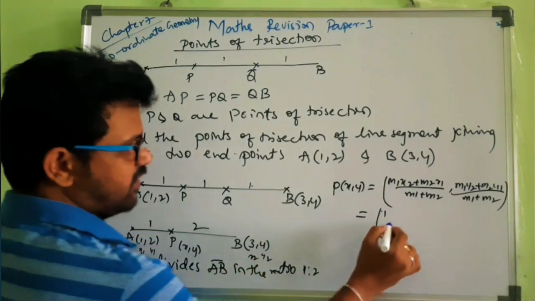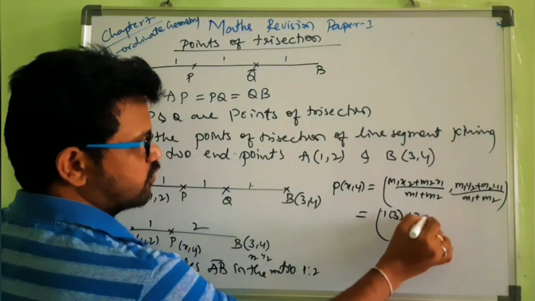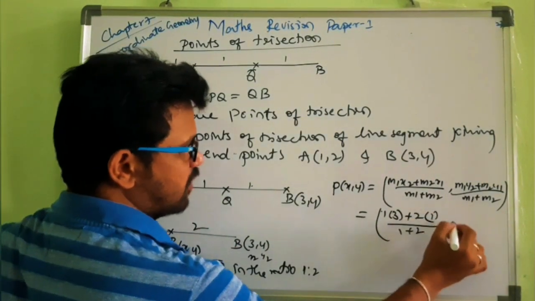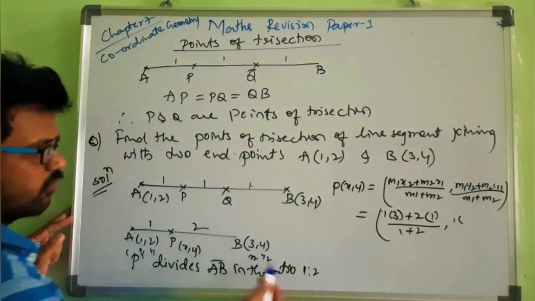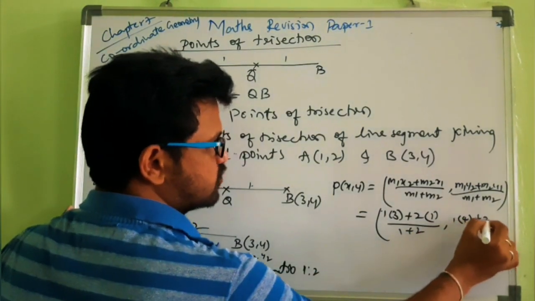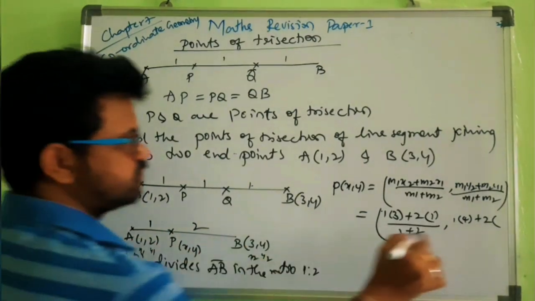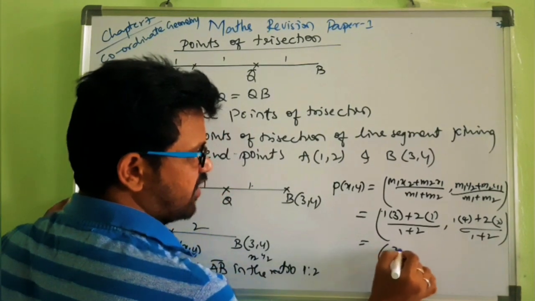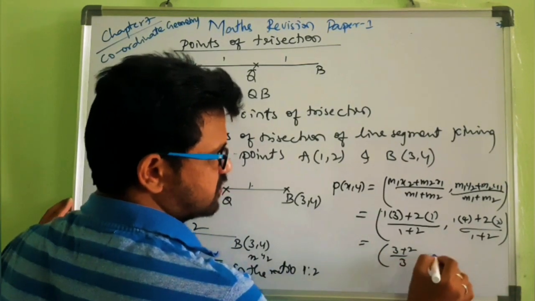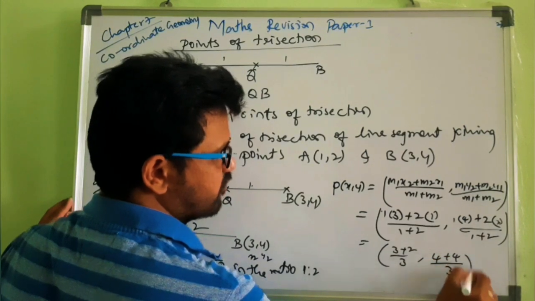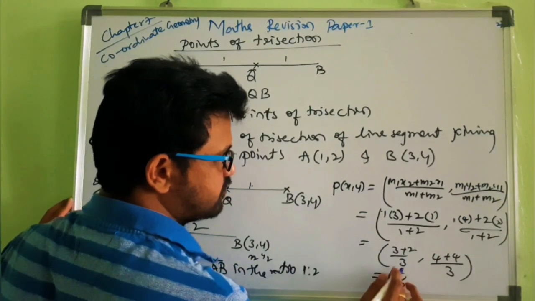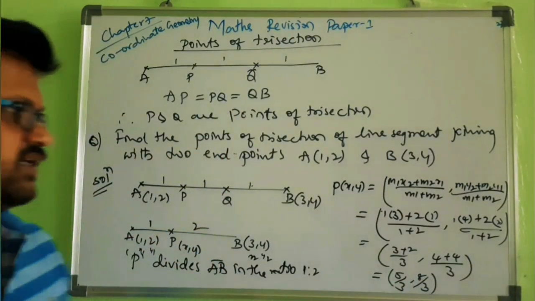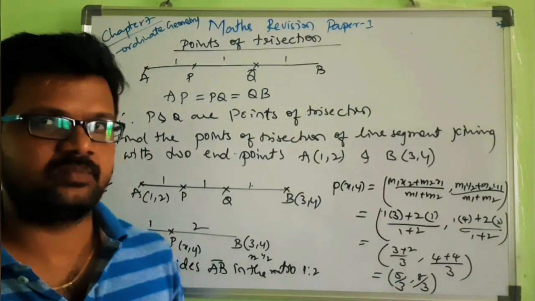What is x2? 3, plus m2 is 2, x1 is 1, by 1 plus 2, comma 1 into y2 which is 4, plus 2 into y1 which is 2, by 1 plus 2. So that is (3 plus 2) by 3, and this is (4 plus 4) by 3. That is 5 by 3 comma 8 by 3. Okay, so we found that one point P(x, y) is equal to (5/3, 8/3).